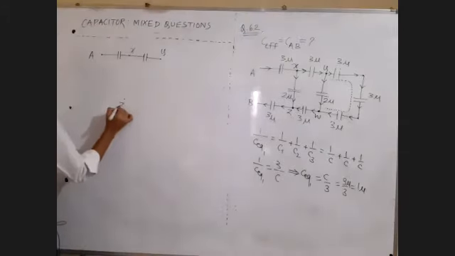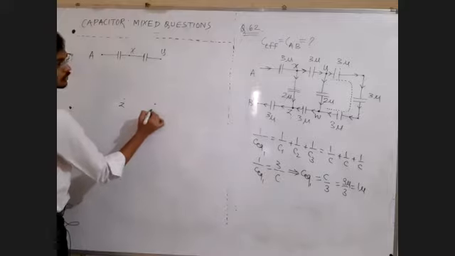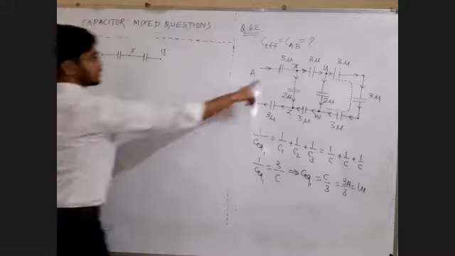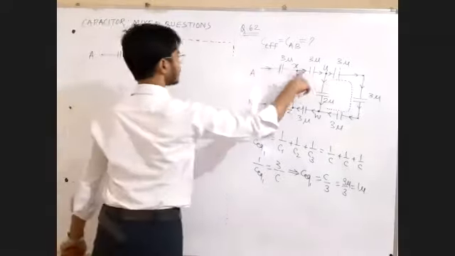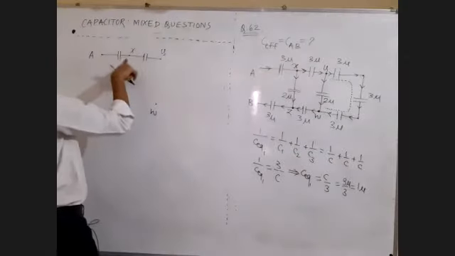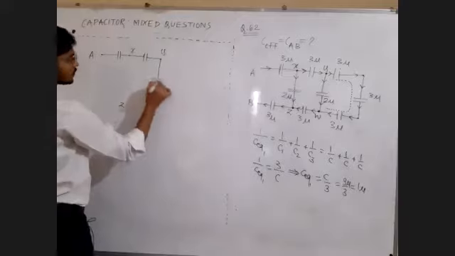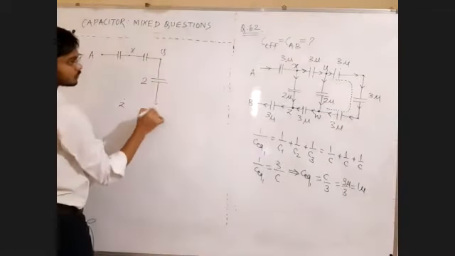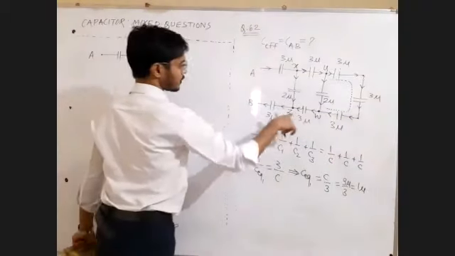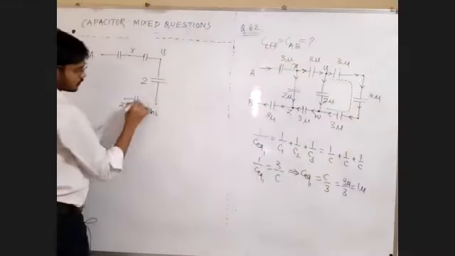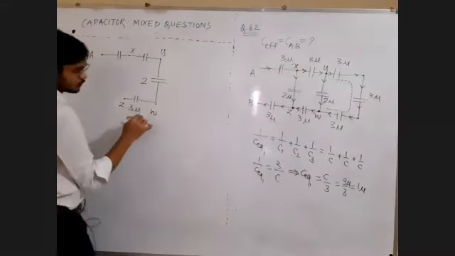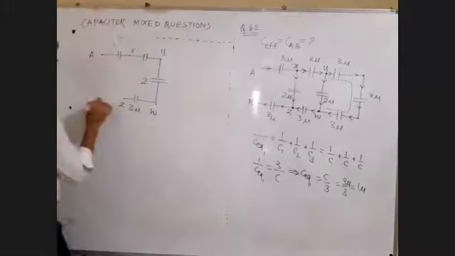Draw the points in the circuit first, and then draw the capacitors one by one. First between A and X, second between X and Y, then Y and W, here W and Z, then Z and B.